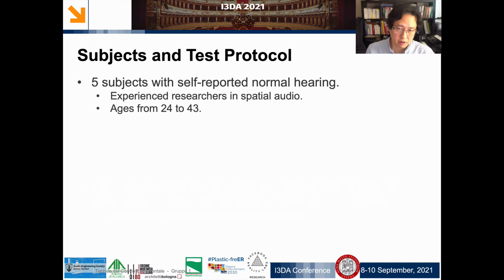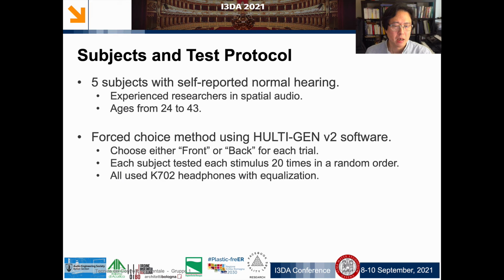Five subjects participated in the listening test. All of them self-reported normal hearing, and they were all experienced researchers in spatial audio, with ages ranging from 24 to 43. We used a forced-choice method using a listening test generation tool called HULTI-GEN version 2.